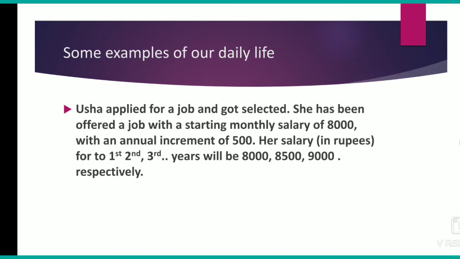So her salary for the first, second, third and so on up to 30 years will be 8,000, 8,500, 9,000 and so on respectively. That means the first year's salary for every month is 8,000.